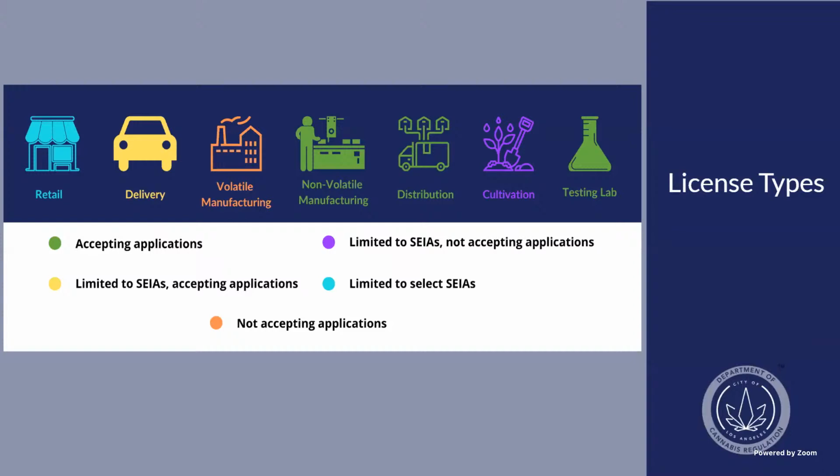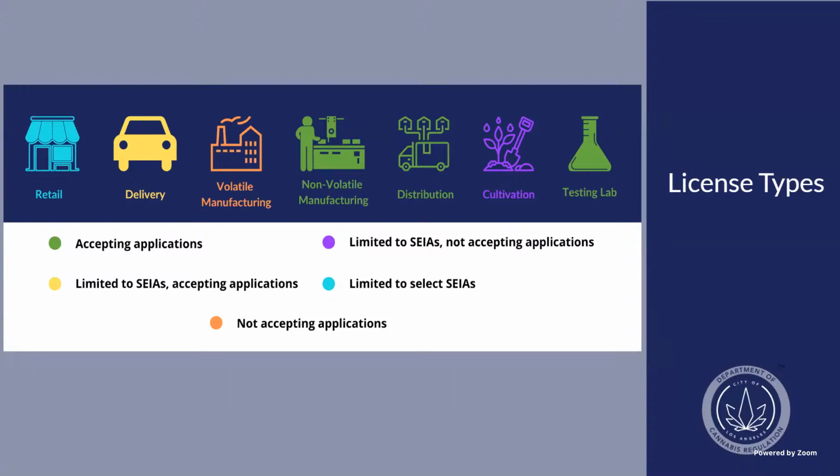So in order to submit a temporary approval application, you will have to have completed the pre-application review process, and that record will need to have been deemed eligible for further processing. We're currently accepting applications for non-volatile manufacturing, distribution, and testing labs from all applicants.